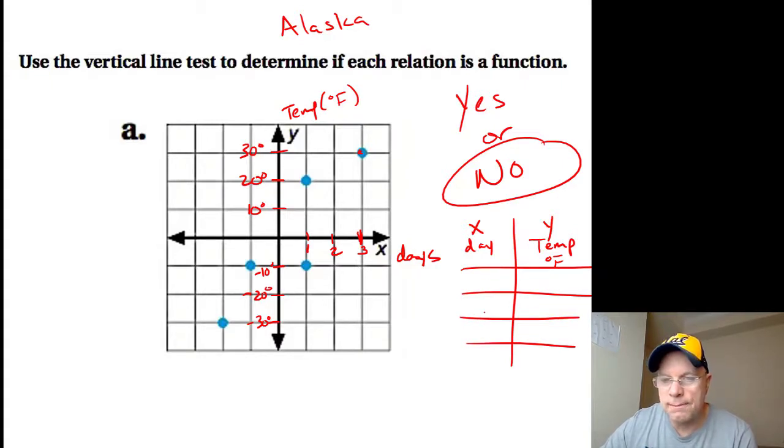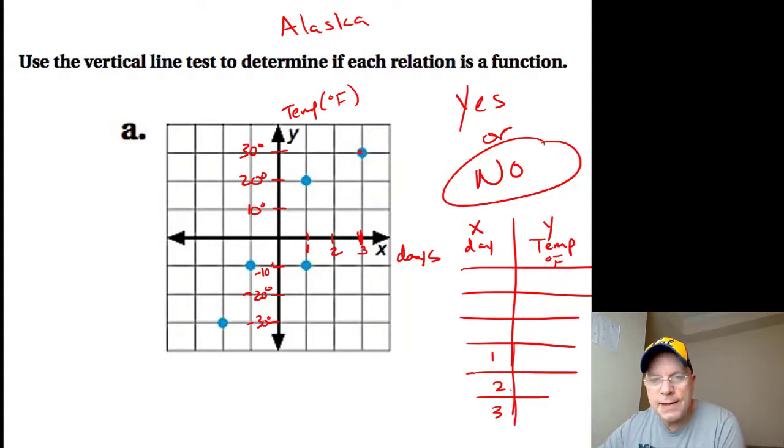Let me think ahead here and do a little bit bigger table so I can show you a couple other things. Day 1, day 2, day 3, I'm just going to put those down here. On day 3, the temperature is 30 degrees, positive 30 degrees, pretty cold, but it is Alaska after all.